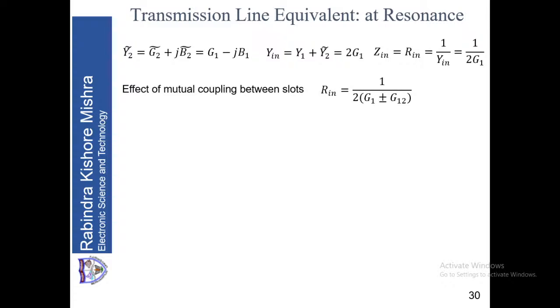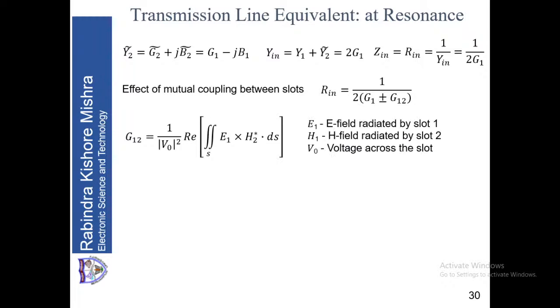Now the expression for G12, which is the mutual coupling expression, is given as this: 1 upon V0 squared, the real part of the surface integral over the slot area of E1 cross H2 star dot ds. E1 is the field radiated by slot 1, and H2, this is not H1, H2 is the H field radiated by slot 2, V0 is the voltage across the slot.